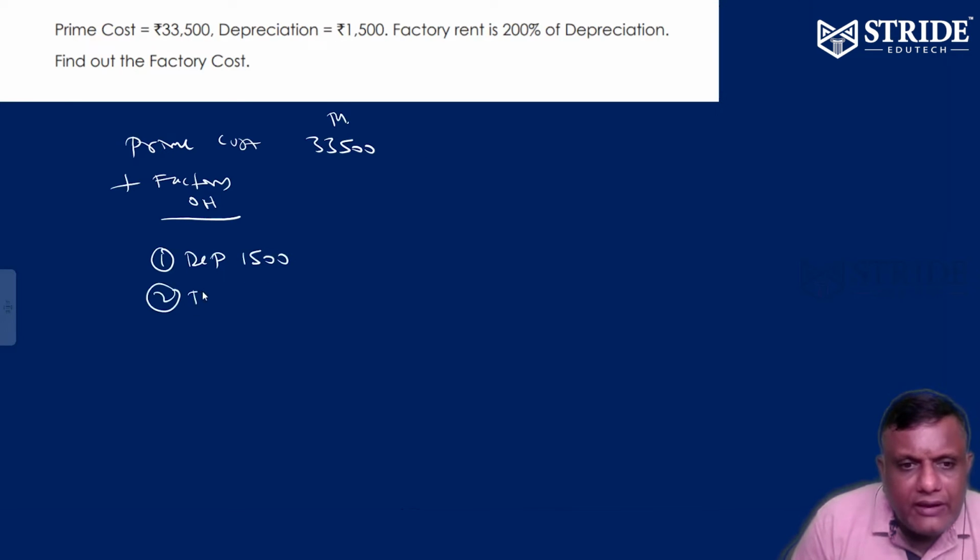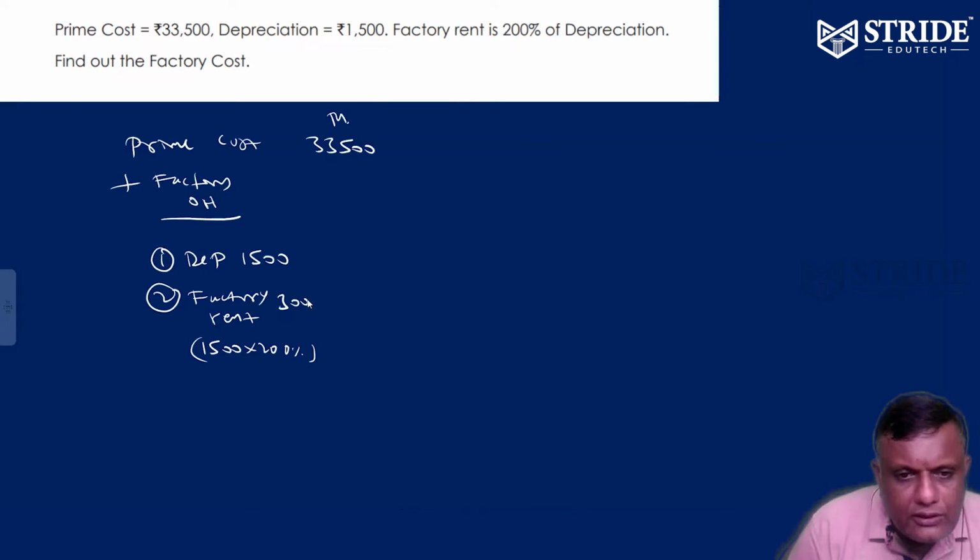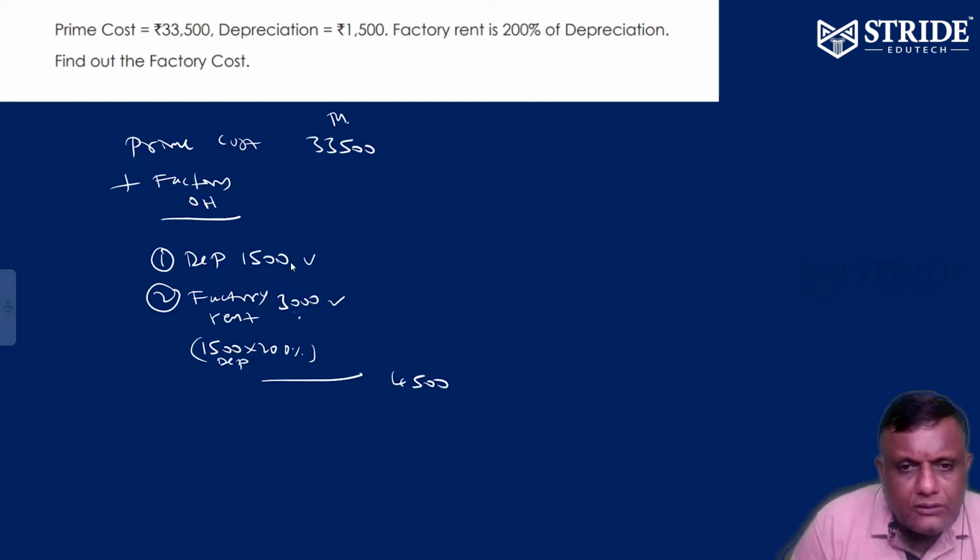Plus number two, factory rent you have to pay, 200% of depreciation. 1,500 into 200% is 3,000. So please add 1,500 plus 3,000, 4,500 factory overheads. So 33,500 plus 4,500 is 38,000.